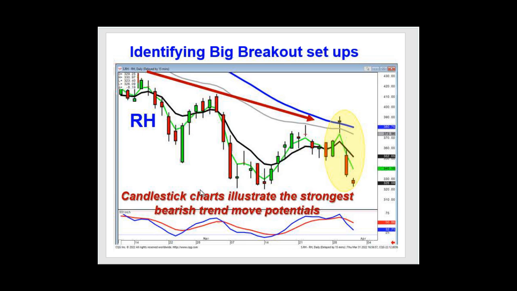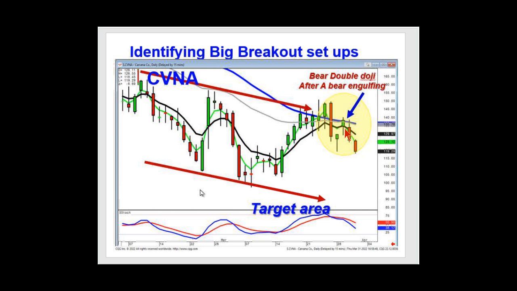So if we know what happens after specific candlestick signals, like the bearish double doji, notice what your trend was doing in a downtrend. Notice where your sell signal was, right at the 50. Notice what the double doji did. It came up and couldn't get up through the 50.